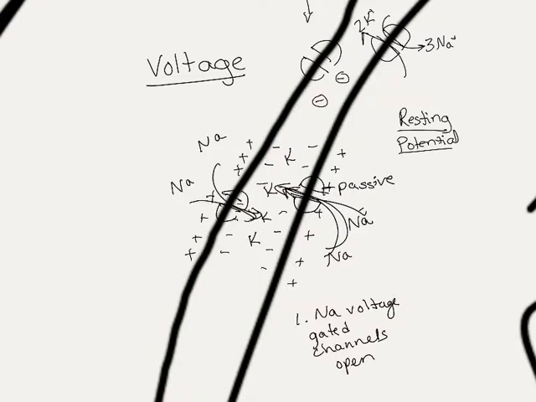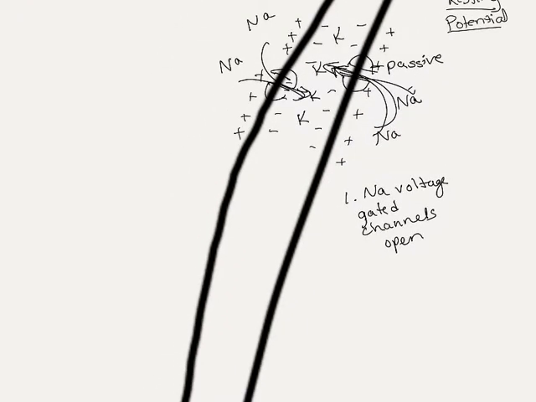So that's starting the action potential, and we can come down here and kind of look at what that looks like. So now, instead of having sodium on the outside and potassium on the inside and having a positive charge on the outside and negative charge on the inside, this is switched a little bit. You're going to have the voltage-gated channels open up and the sodium rush in until you've reached equilibrium with the sodium.